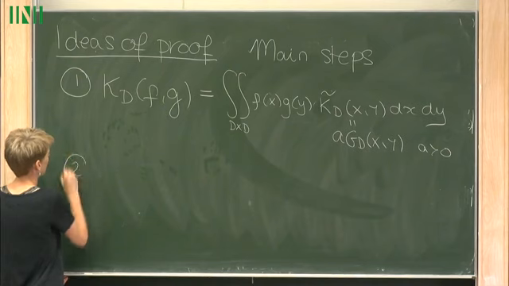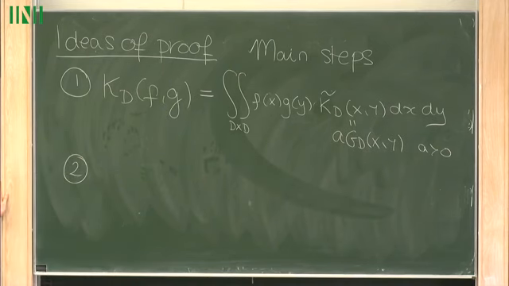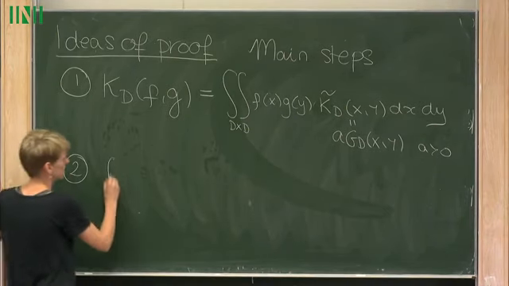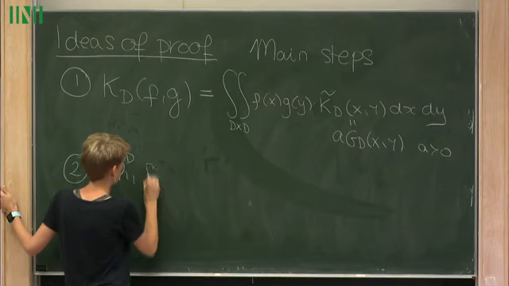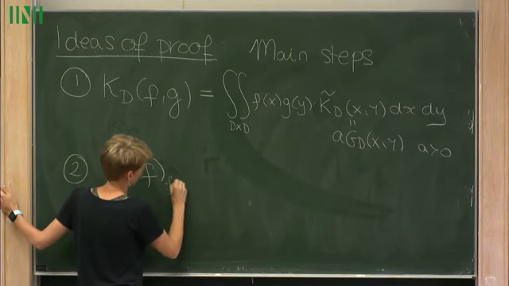And the second step is to show that this field is actually a Gaussian field, in the sense that as a linear stochastic process, indexed by test functions, it's a Gaussian process. So to show that H, this process, is Gaussian.